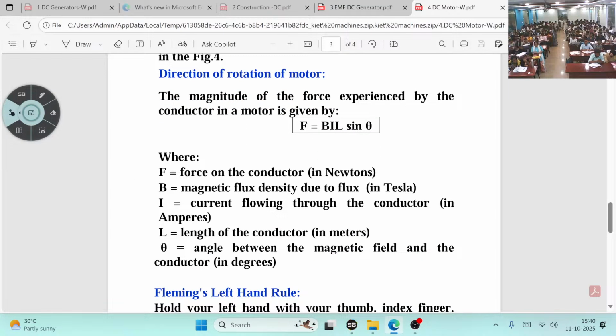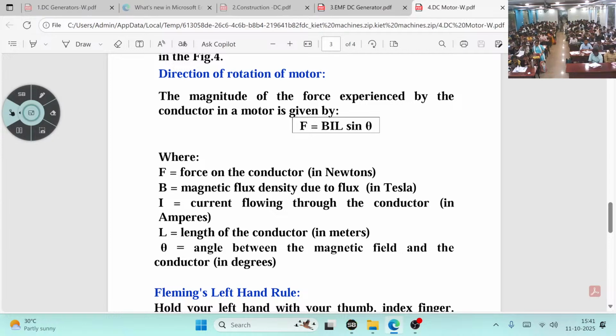So whenever a current carrying conductor is placed in a magnetic field, it will experience a force and start to rotate. How much force are we getting? The magnitude of the force is determined by different parameters of the DC motor.